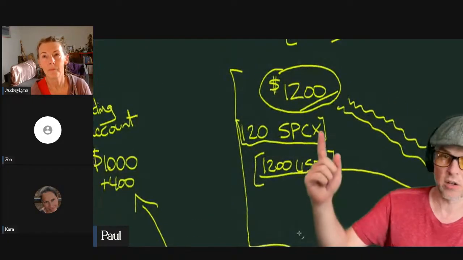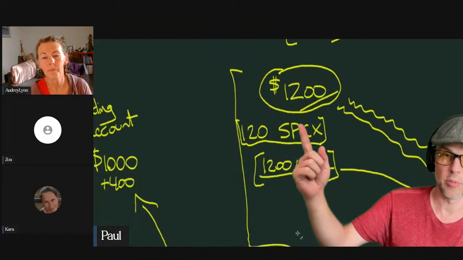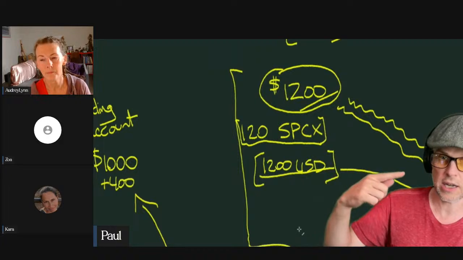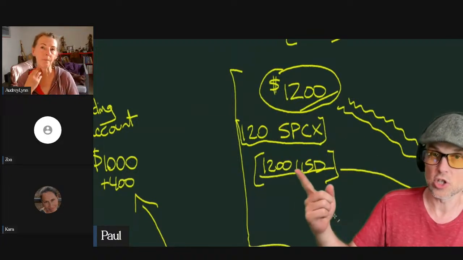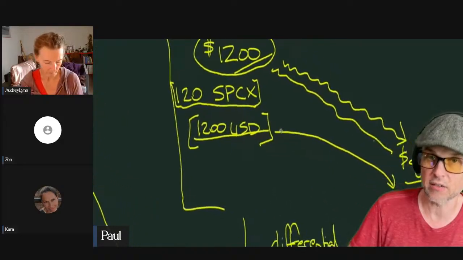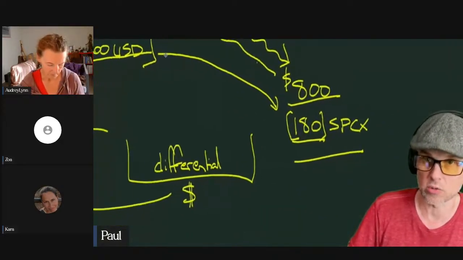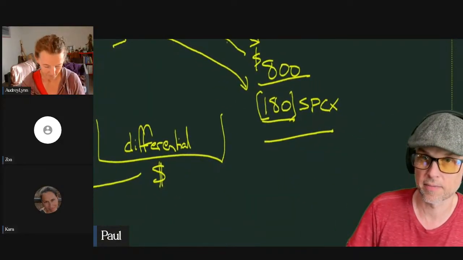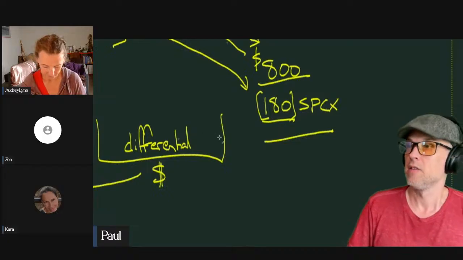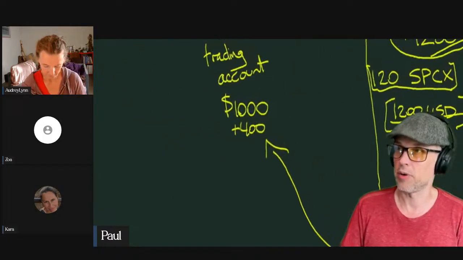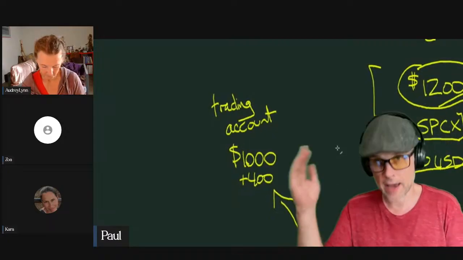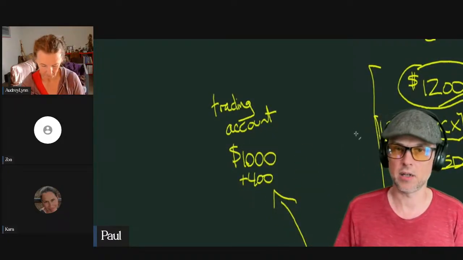Up here, if you would have bought it, you would have been out of luck. It would have worked against you because the SpaceX went down in value, but the US dollar went up in value compared to the SpaceX. That differential, when you close, gets deposited into your trading account, and that's when you can say, there, I made money.